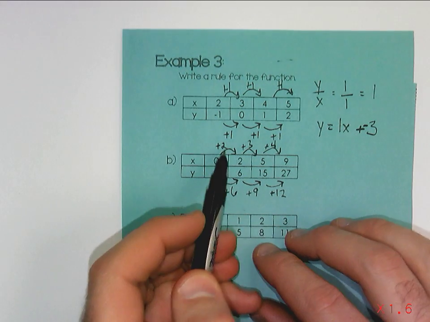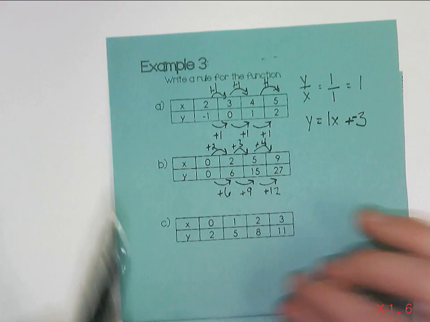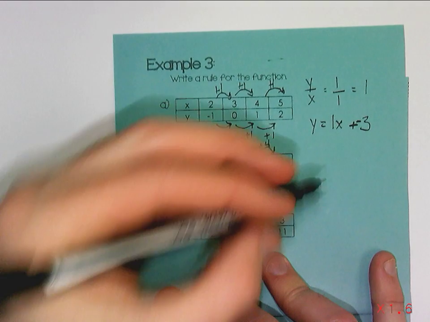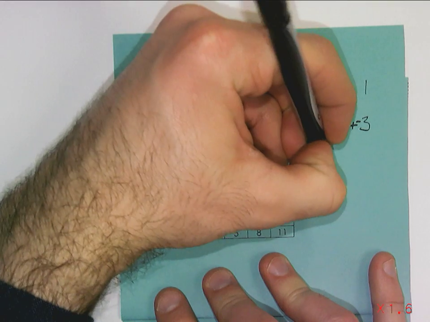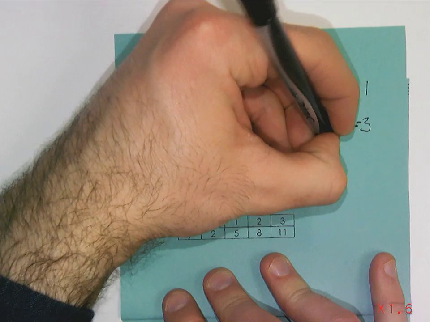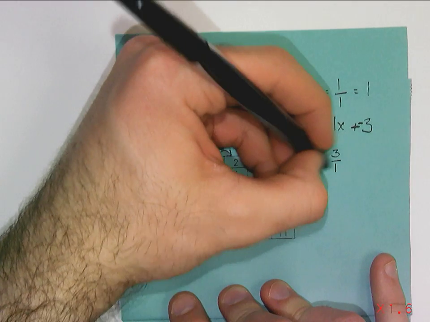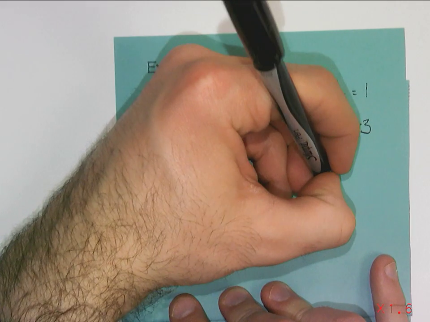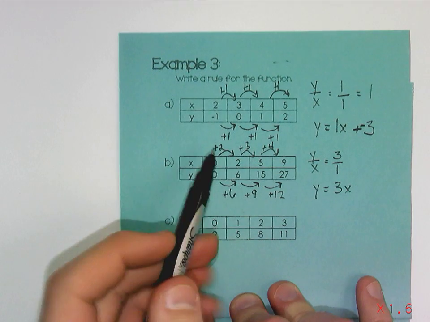Because if we look, plus 2, plus 3, there's a shift of 1 between there. And these are changing by 3. So we would want to look at our y over our x, and if I did, I should get 3 over 1. So then what I'd say is y equals, and then whatever's here needs to go next to your x. So I'm just going to say 3x because 1 isn't really necessary.